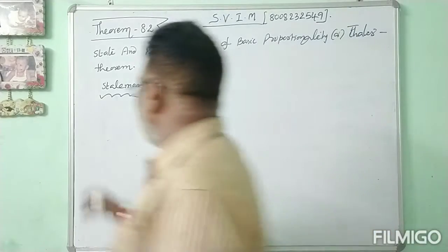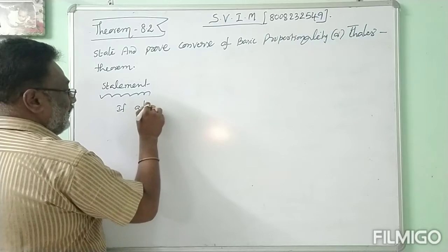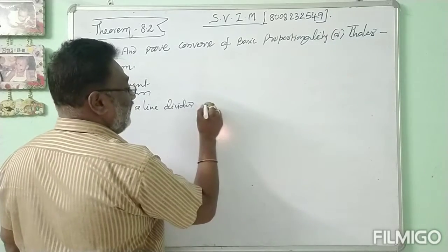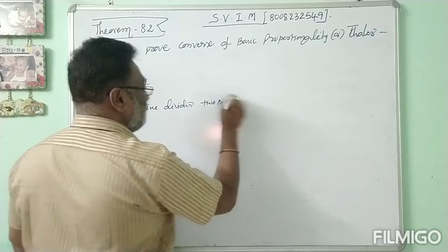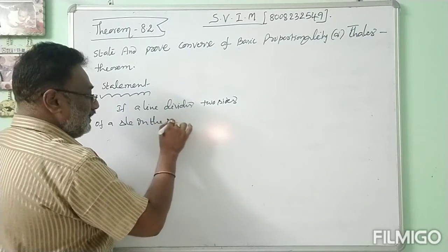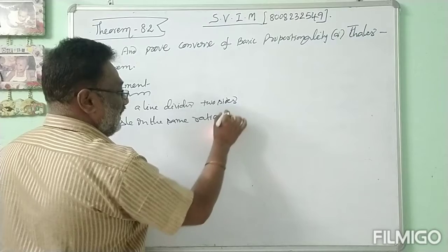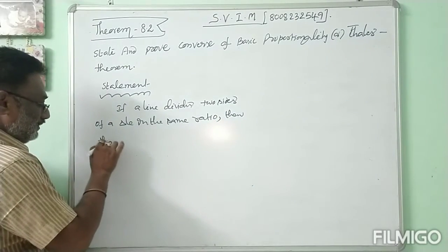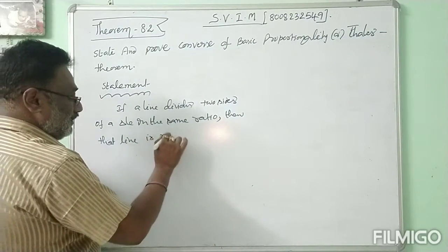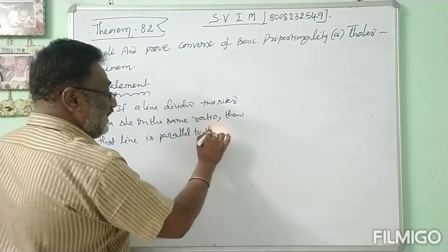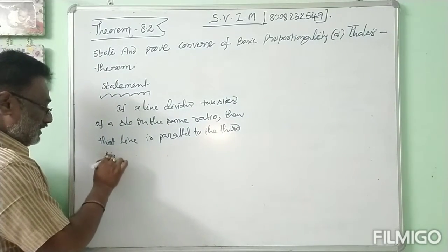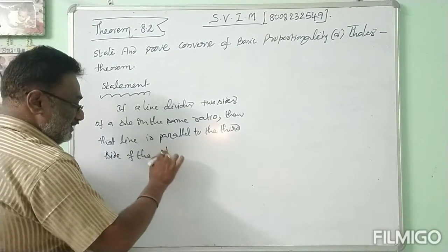If a line divides two sides of a triangle in the same ratio, then that line is parallel to the third side of the triangle.